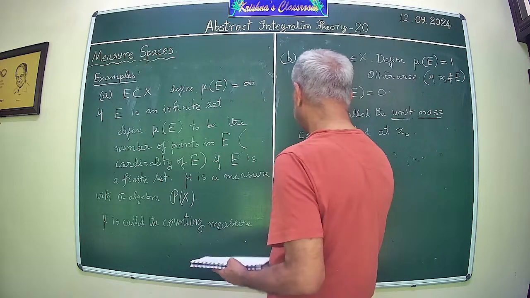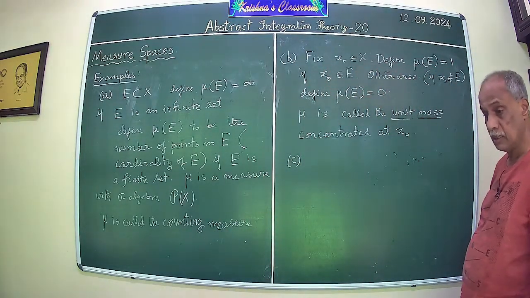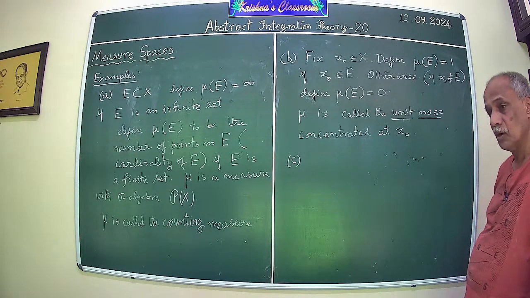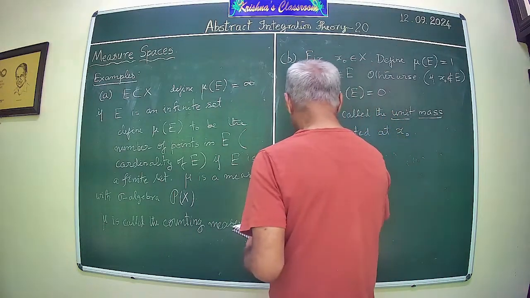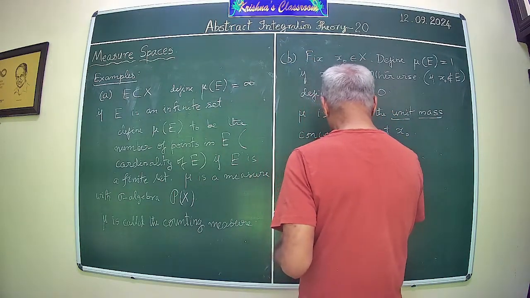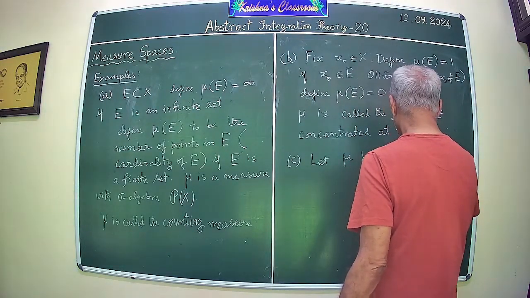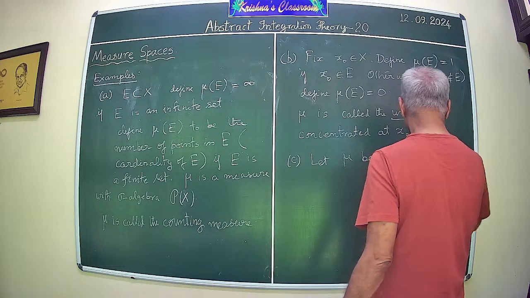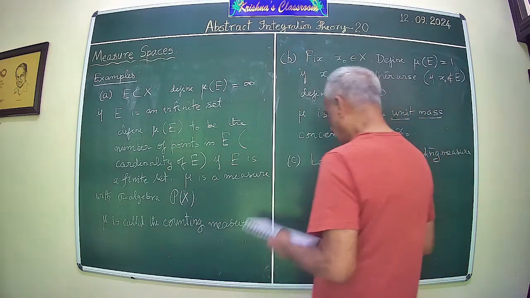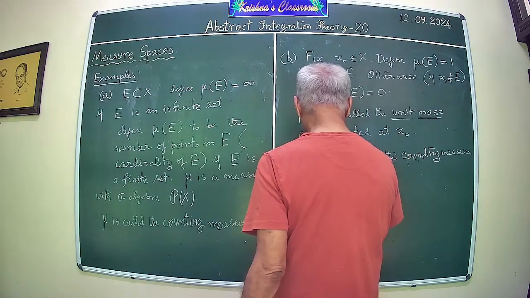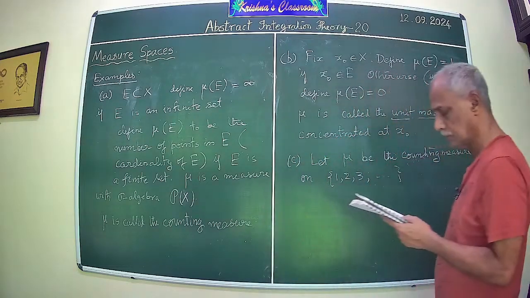Take the third example. The third example is significant in the context of statement E of the theorem we have just now proved. Let mu be the counting measure discussed in A on the set of all natural numbers.